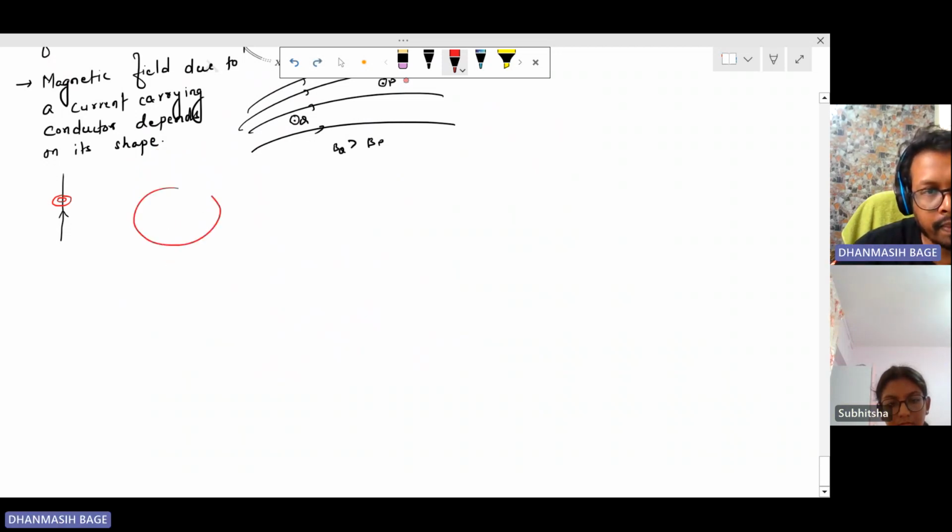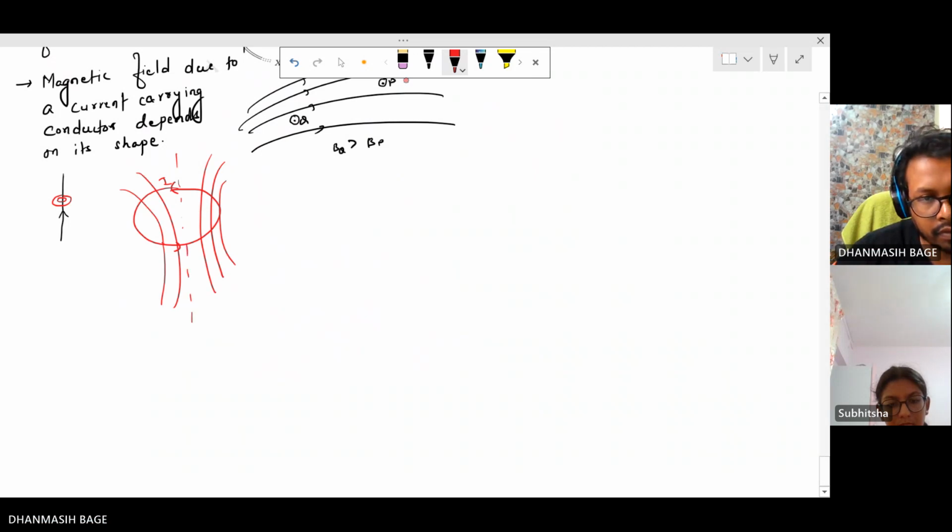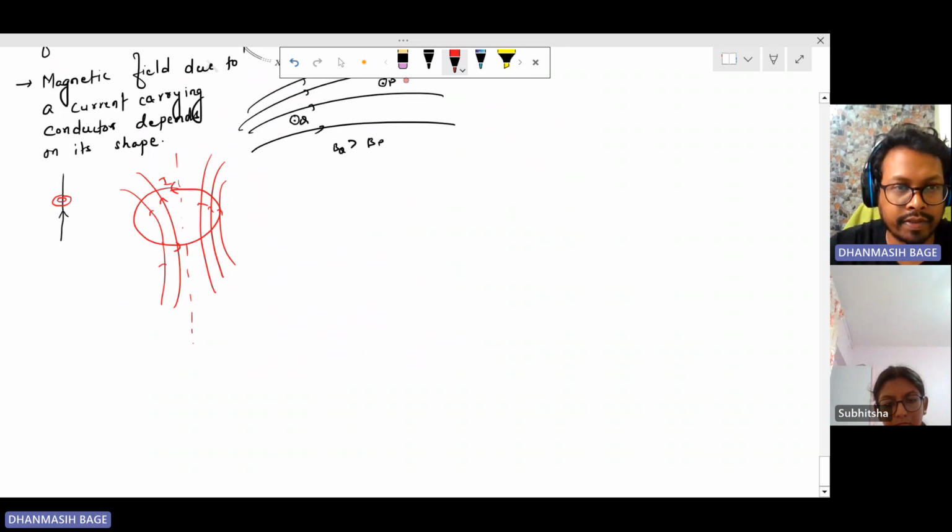There is a circular loop and the current is flowing in this direction, so it produces a magnetic field like this.